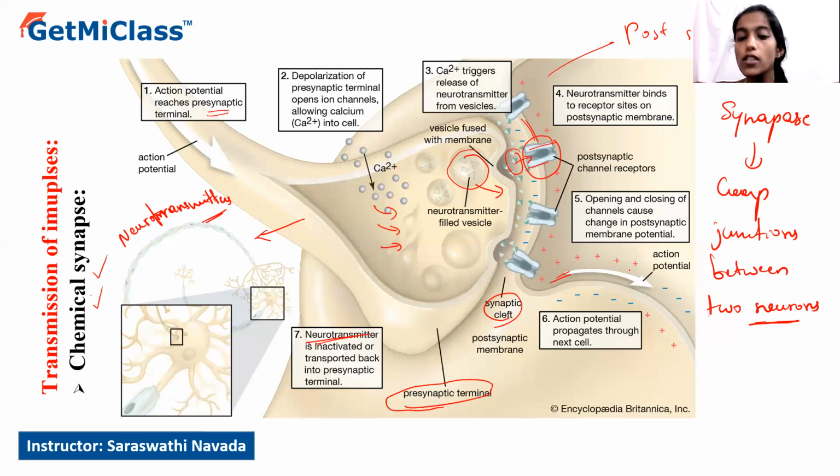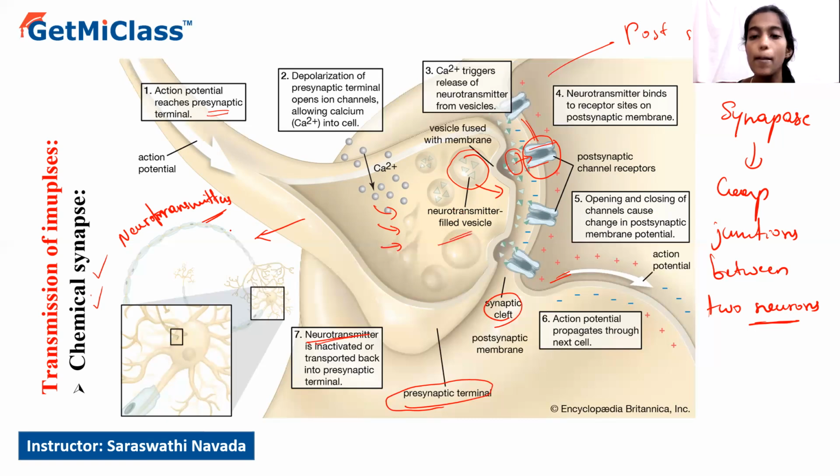As a result, an action potential will be generated, and this action potential will be propagated through the next cell. Once the action potential of the postsynaptic neuron is generated, the neurotransmitters will be inactivated, or transported back to the presynaptic terminal for the conduction of the second impulse generated in the presynaptic membrane.